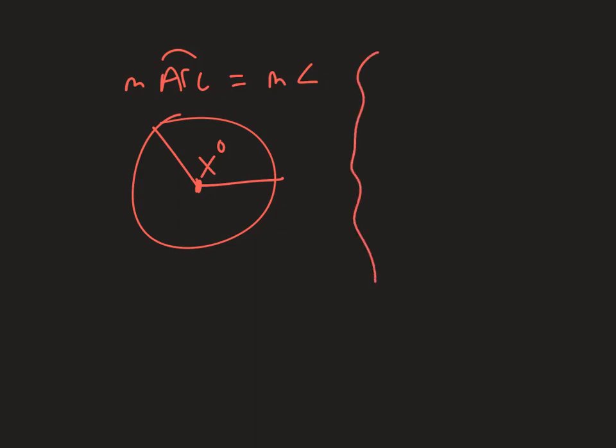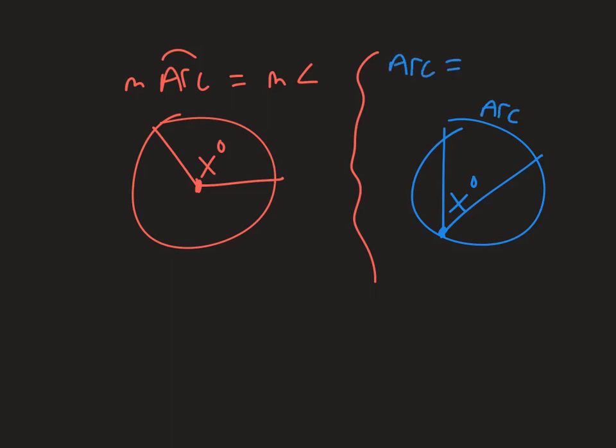But in the new case, what you're going to be looking for is that the angle, instead of being at the center of the circle, will be on the circle. And if that's x degrees, and the arc measures over here, in this case, the arc equals 2 times the angle measure. Okay, so just keep that in mind. That's the difference. That's what you're looking for visually, and that will help you get these problems set up.